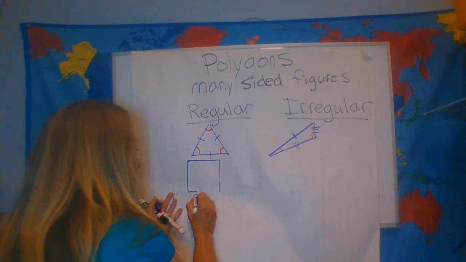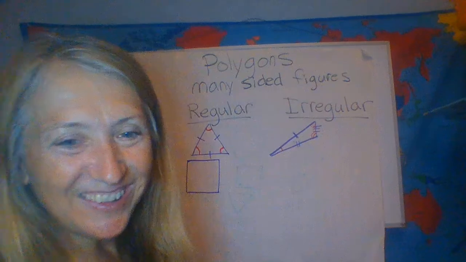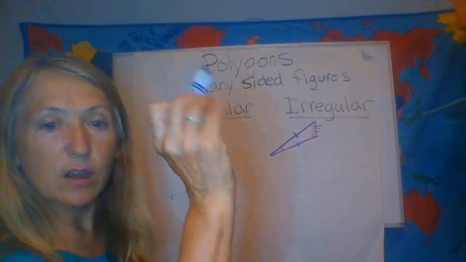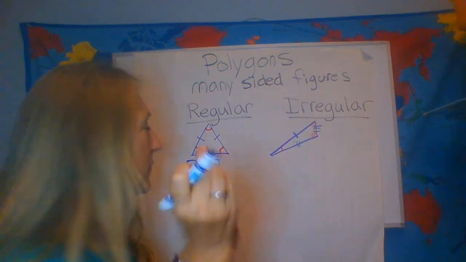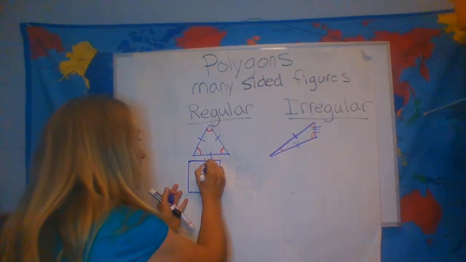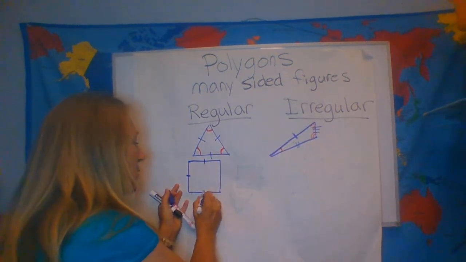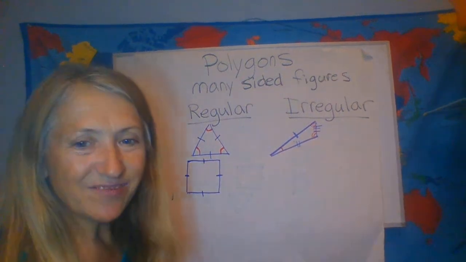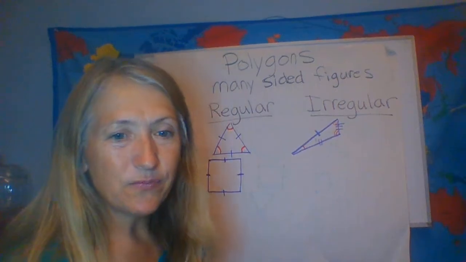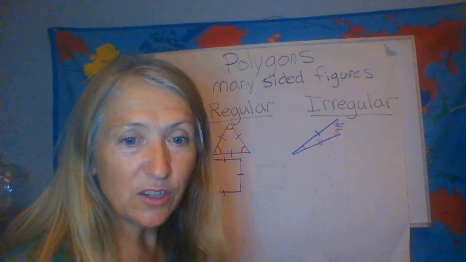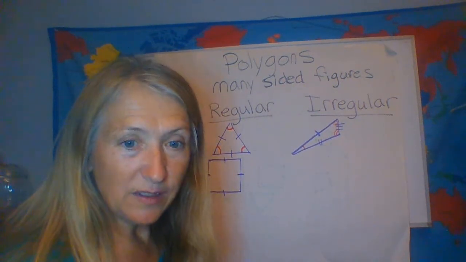I know those are all equal. So let's mark them with our lines so that we can tell that even though we're not measuring them, we know that this is equal to this, which is equal to that, which is equal to that. They're all equal.